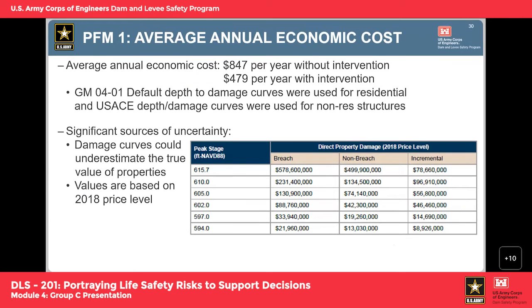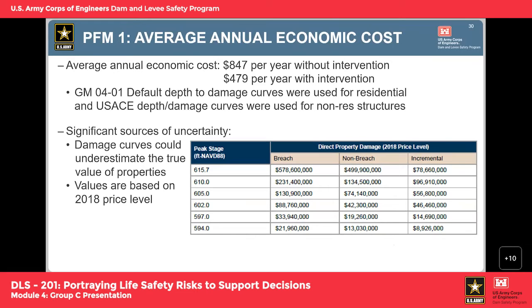This was developed for the residential structures using the guidance memorandum to develop the depth damage curves, and for the non-residential structures, the default USACE curves were used. There could be uncertainty as to how these curves actually correspond to the actual cost. Additionally, the price values are based on 2008, and as we all know very well from our daily lives, prices have gone up significantly in the last 4 years, so they're likely underestimated as well.